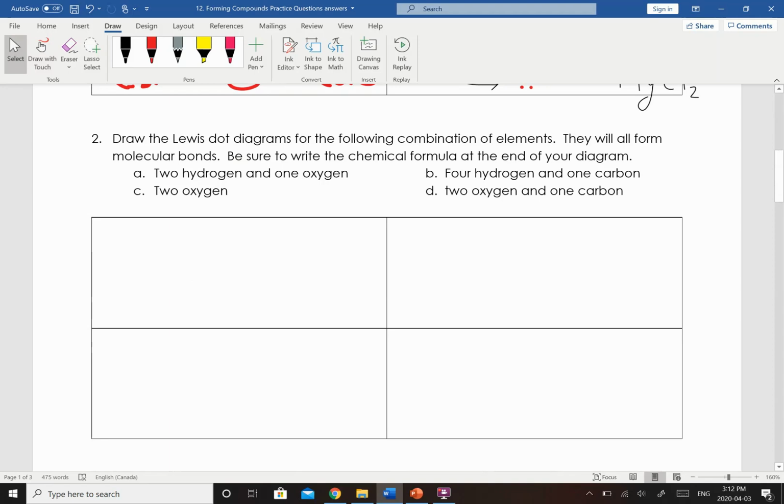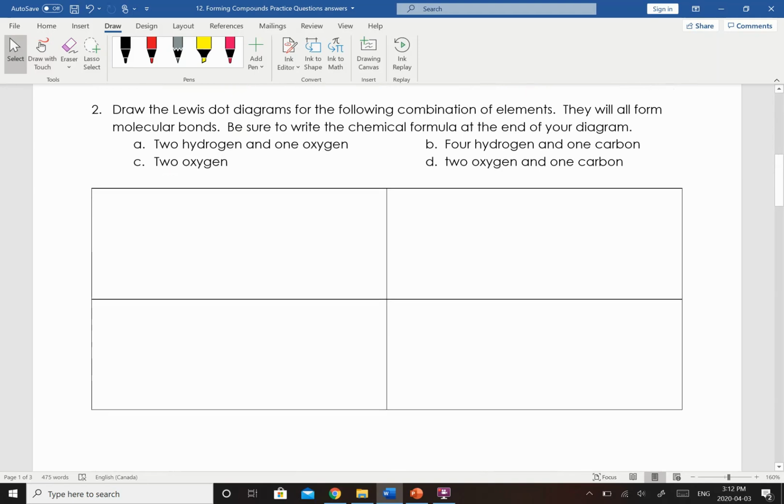All right, so let's move on. Let's do the Lewis dot diagram showing molecular bonding. So here we're going to have 2 hydrogens for A, their 1 electron, and an oxygen with its 6 valence electrons.